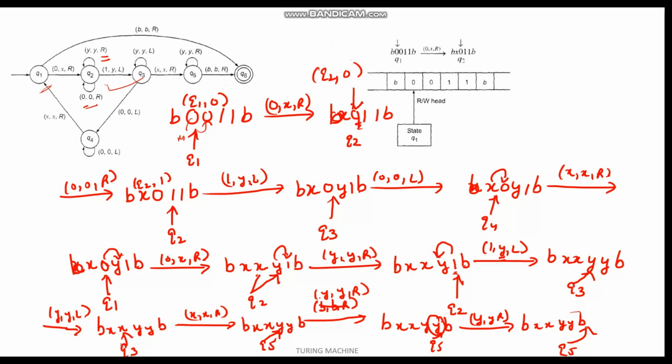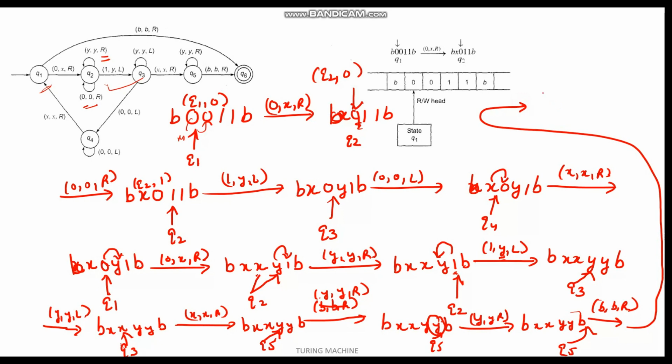Now when q5 is given input b, we can see q5 with b, the transition function is saying b comma b comma R. Now we can see this b will remain b itself, so here, shortage of space, so we will write over here.